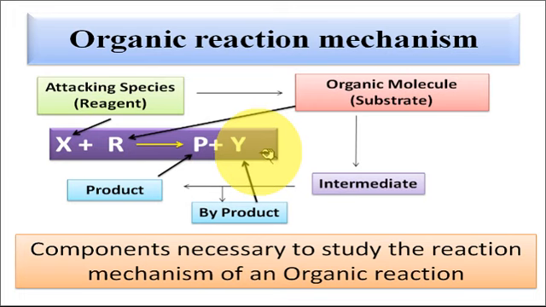Suppose this is the organic reaction. R is the organic molecule, that means the substrate here. X is the attacking species, that means the reagent. P is the final product, and Y may be the byproduct of the reaction. So these are the important compounds which we must know before studying the organic reaction mechanism.